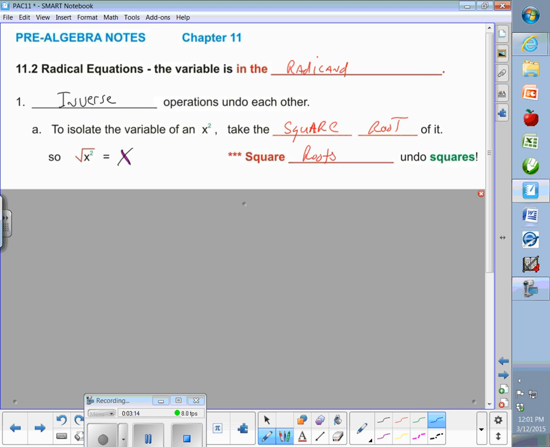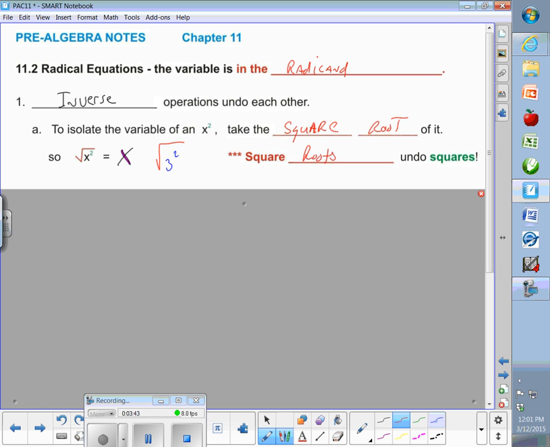But let me show you an example. You don't need to do this. Let's suppose we had 3 squared. In this analogy, again, don't write this, we're trying to get to the 3. We don't want the 3 squared. So a square root will undo the 3 squared and get you to the 3.